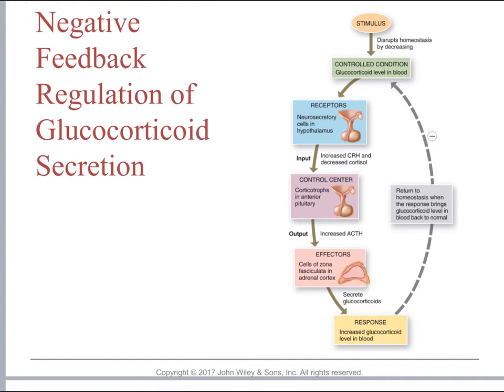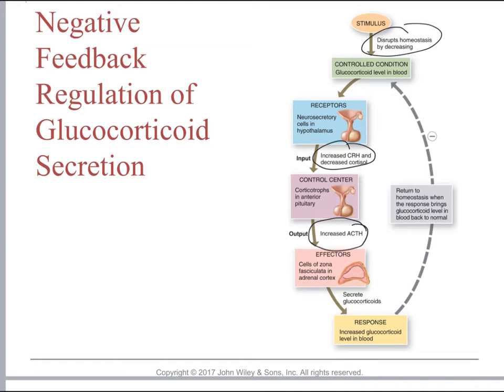We can look at the regulation of glucocorticoids, its feedback loop. So we have a stimulus that is disrupting homeostasis by decreasing glucocorticoid levels in the blood. As a result, the receptors, the neurosecretory cells in the hypothalamus, detect this and increase corticotropin releasing hormone. The corticotropes in the anterior pituitary are going to increase output of adrenocorticotropic hormone.